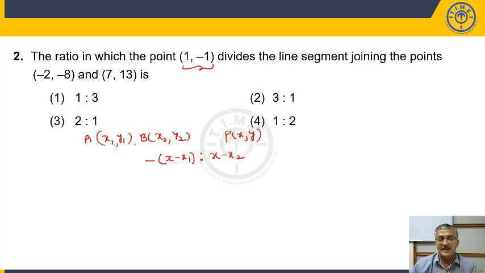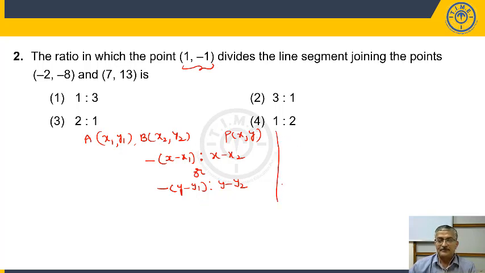P(x,y) అనేది AB లైన్ జాయినింగ్ పాయింట్స్ ఏ రేషియోలో డివైడ్ చేస్తుందండి, minus of x minus x1 is to x minus x2. Or we can also use that formula minus of y minus y1 is to y minus y2. Whether we use x coordinates or y coordinates.